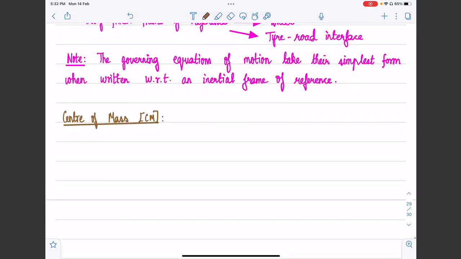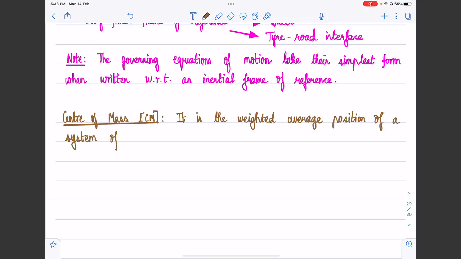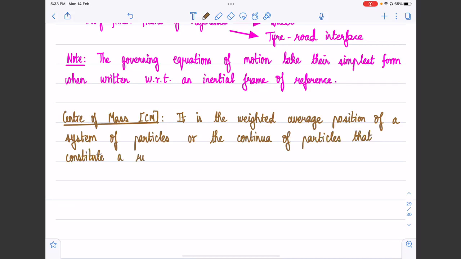So let me define the center of mass. It is the weighted average position of a system of particles or the continuum of particles that constitute a rigid body.